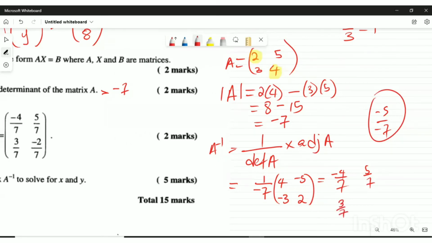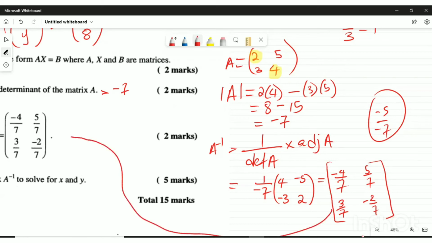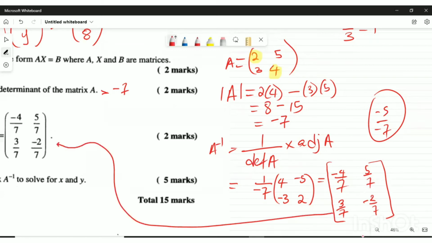And when the -1/7 is multiplied by 2, we end up with -2/7. And this is the inverse, which is exactly what they wanted us to show.